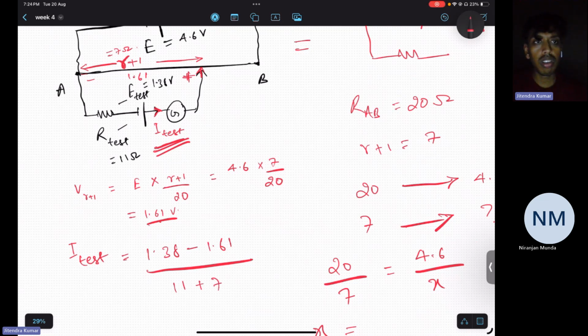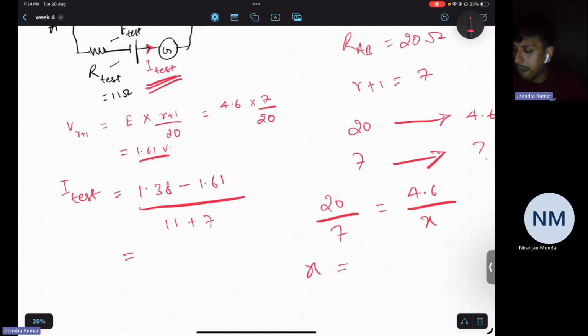Okay, so this will be RTH. No, this will not be RTH. This will be directly your current. So how much will it come out to be? 1.61 minus 1.38, 0.23, divided by 18.